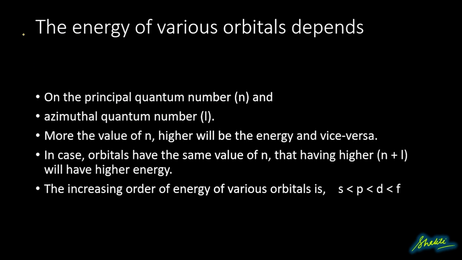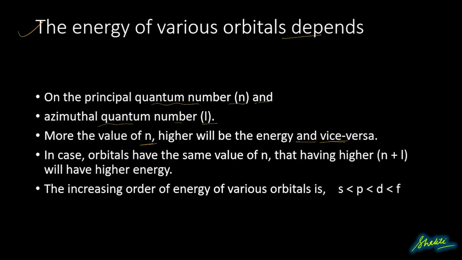Now, the energy of various orbitals depends on the principal quantum number n and the azimuthal quantum number l. The higher the value of n, the higher the energy, and vice versa.